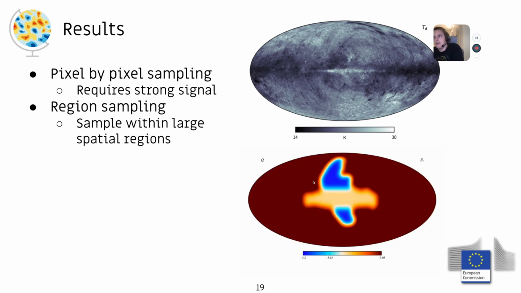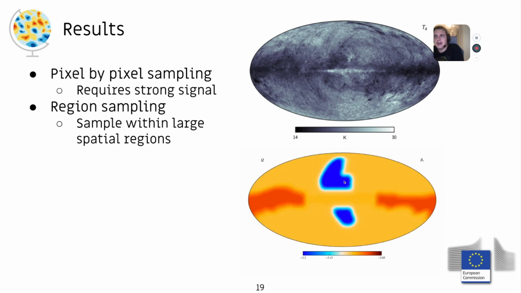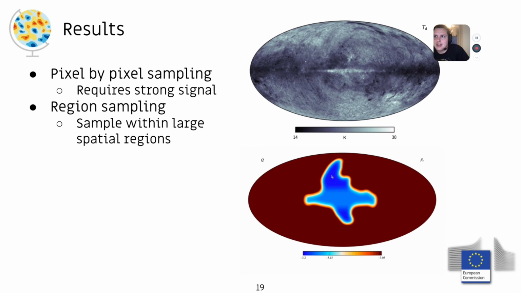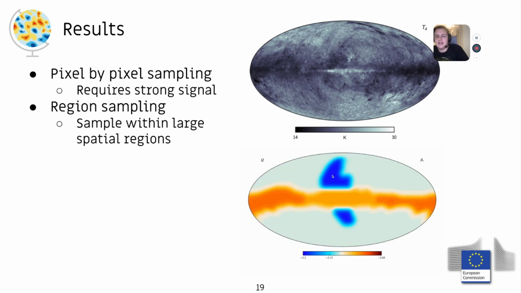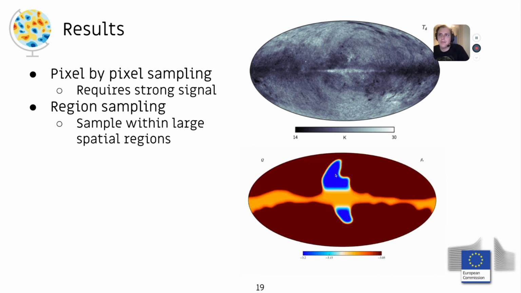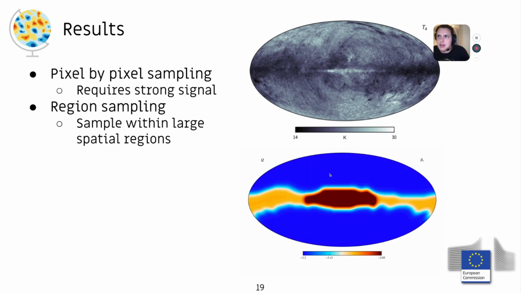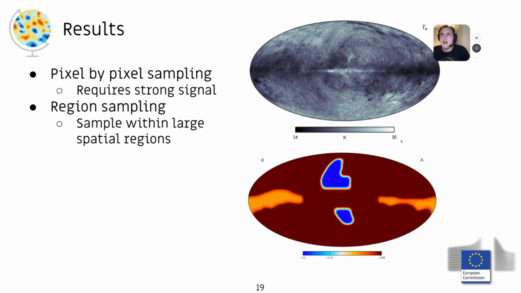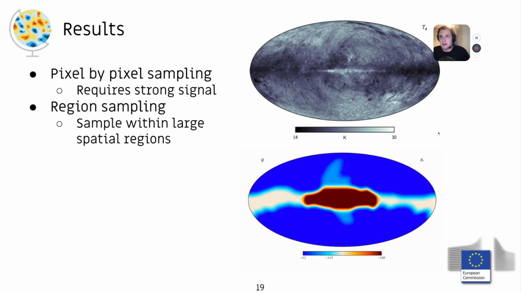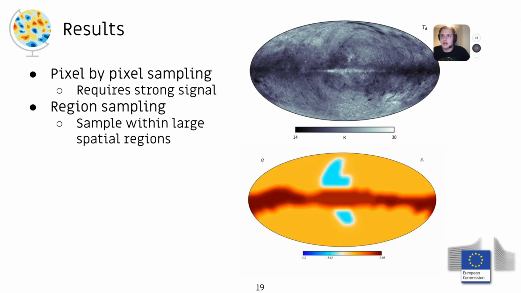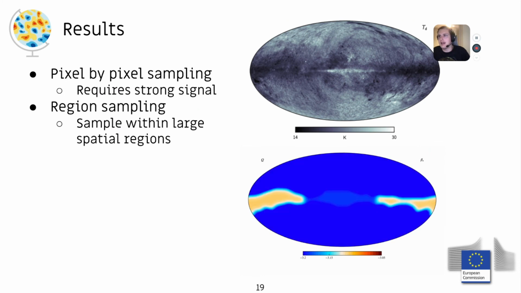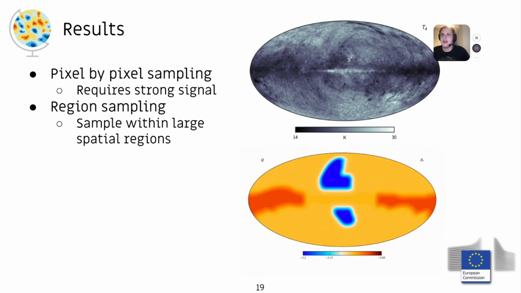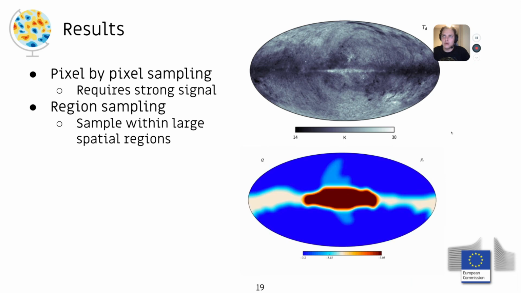So we sample one value within each of these parts of the sky. For example, the fan region in the middle here is particularly interesting when dealing with synchrotron emission. So we say that we want to sample a different value within this region than on the high latitudes, and, for example, along the galactic plane. So that's better than simply sampling one single value, but it's a compromise when you don't have enough data to do it pixel by pixel.